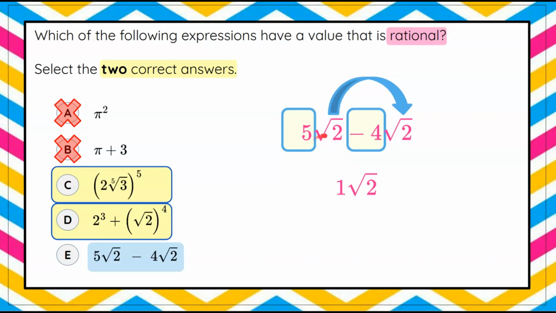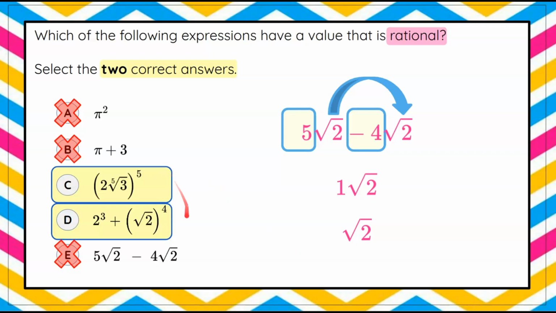Think of it as 5x subtract 4x, 1x. 5 square root of 2 subtract 4 square root of 2 is 1 square root of 2, which is just the square root of 2. That is a non-perfect square, making it irrational and not rational. So it's not one of our correct answers.